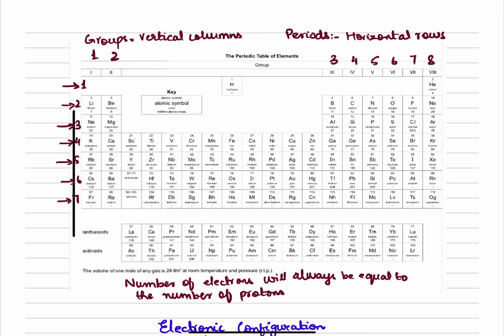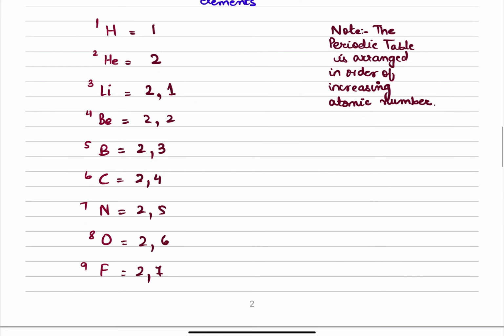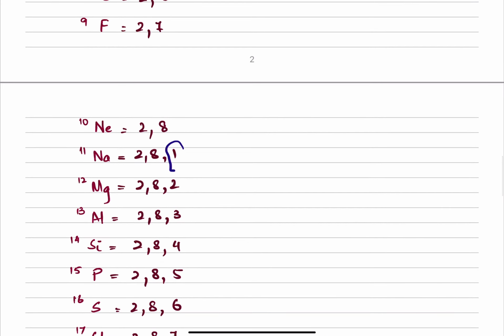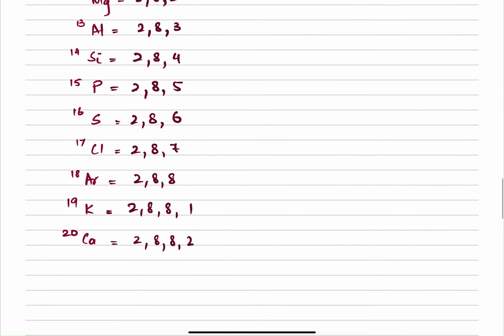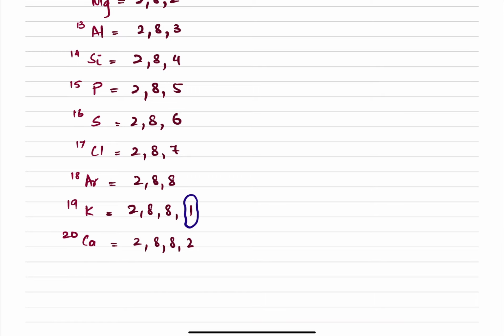Now I would see that in group 1 I have elements lithium, sodium, potassium. If I look at lithium, I have 1 electron in its outer shell. If I look at sodium, I have 1 electron in the outer shell. If I look at potassium, I have 1 electron in the outer shell.